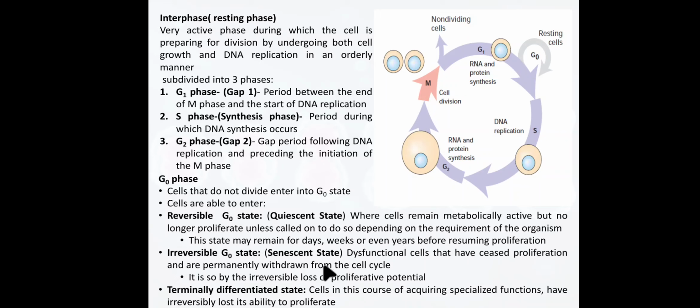The irreversible G0 state is also known as the senescent state, where dysfunctional cells have completely ceased proliferation and are permanently withdrawn from the cell cycle. It is said that they have irreversibly lost their proliferative potential. A terminally differentiated cell is a cell that, in the course of acquiring specialized functions, has irreversibly lost its potential of division.